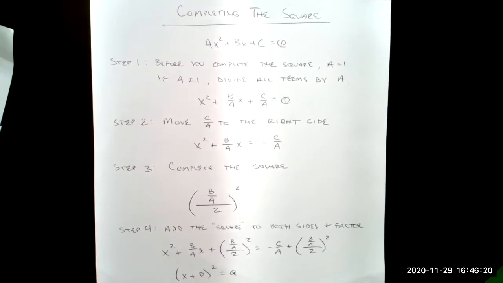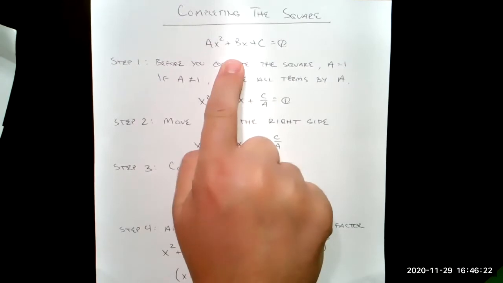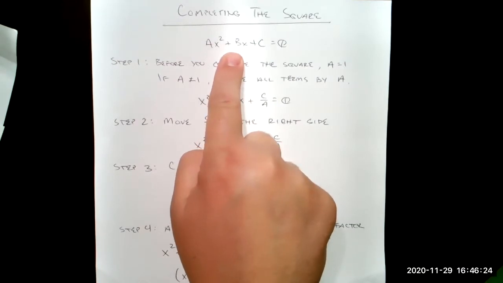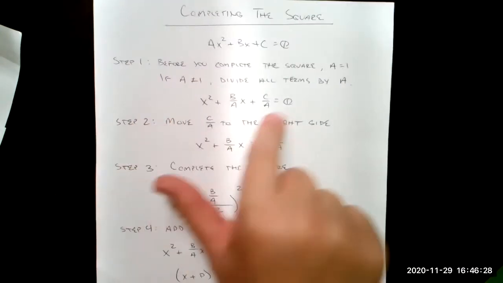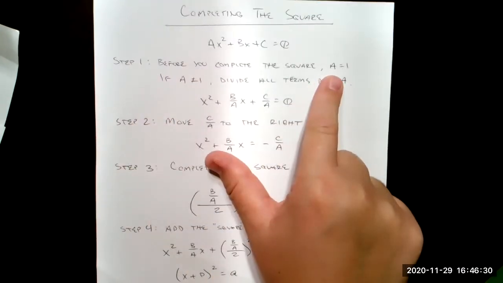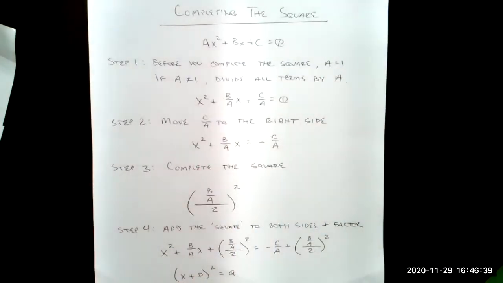So just to go through this idea real quick, when you're completing the square, typically you're starting off with a standard form quadratic. Before you complete the square, A has to be equal to 1, and it has to be positive. So if it's not, you've got to make it equal to 1 and make it positive. We saw an example of that.